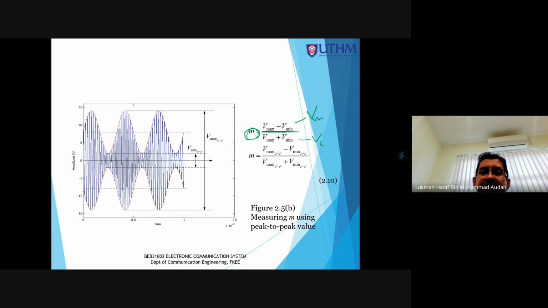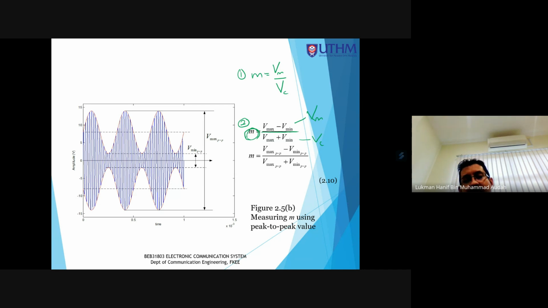So I can say that this is the second equation of modulation index. The first equation is M equal to Vm over Vc. The second equation is this one using the Vmax and Vmin.